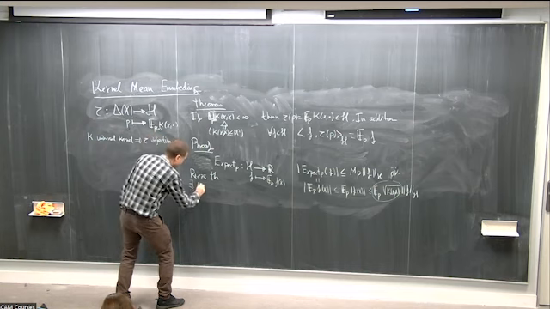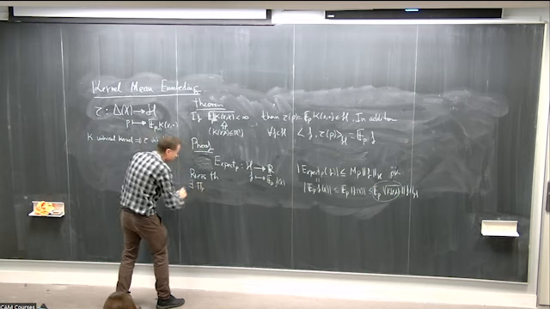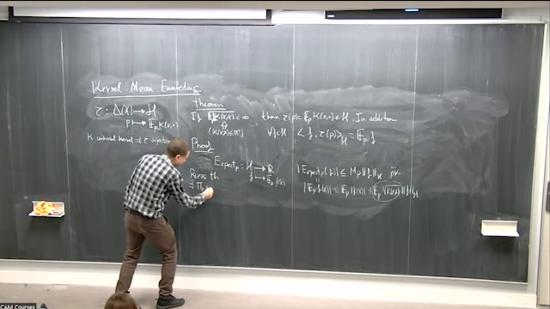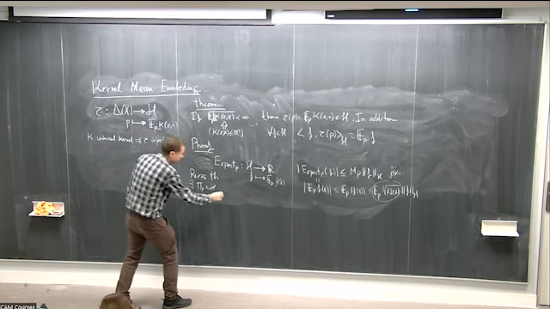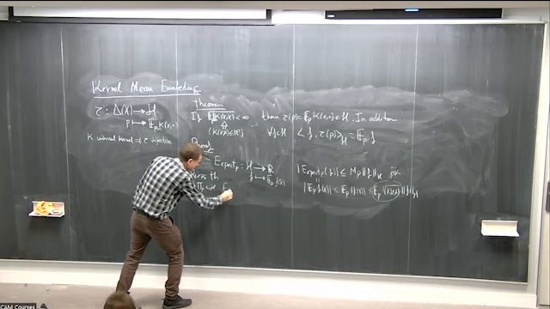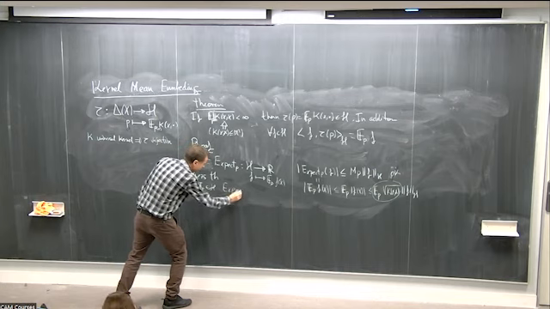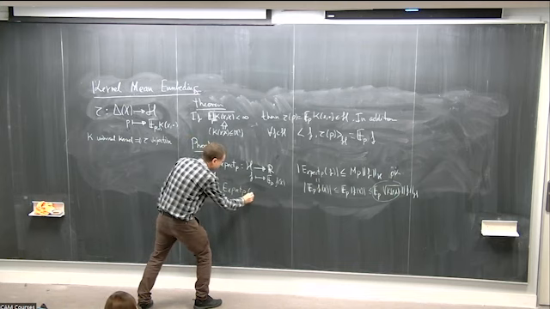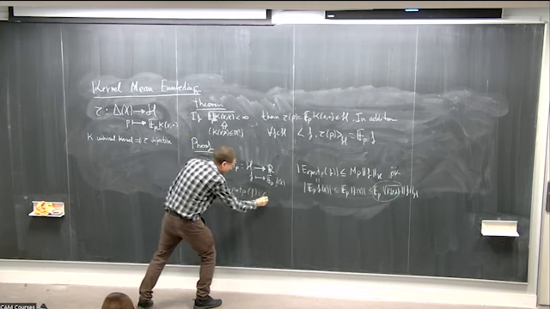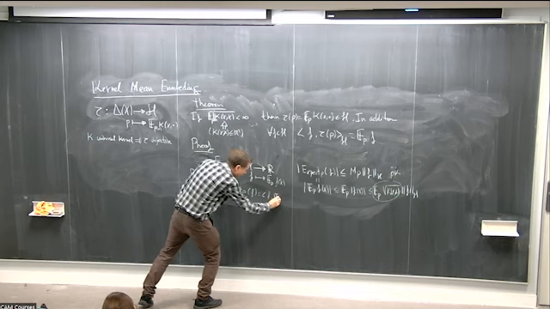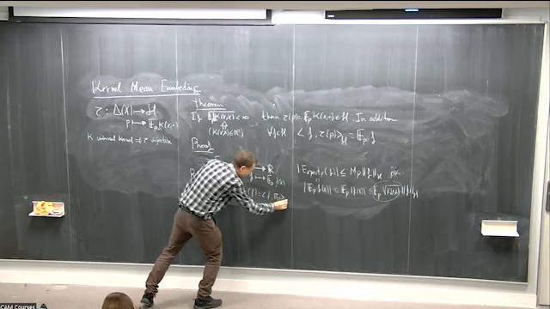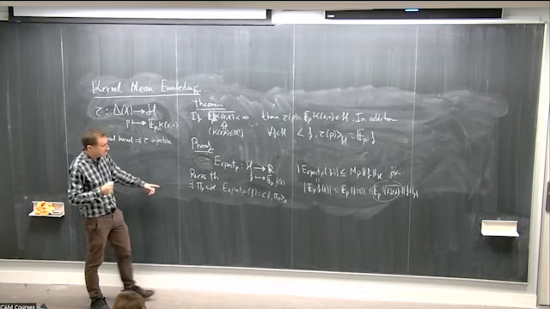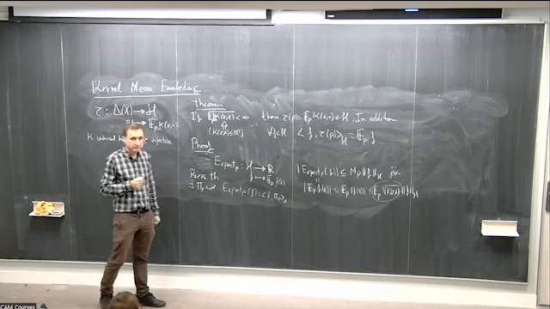Let's call it phi of P. So for every distribution there is going to exist an element in H such that applying this operator is the same as doing inner products with respect to that element.